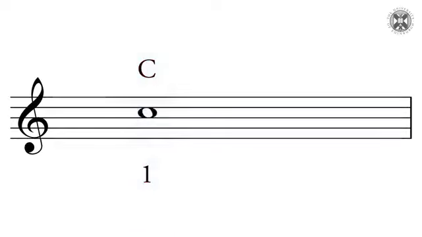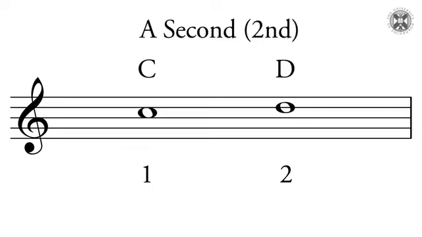The next note up on the line is D. We can count from C to D, 1, 2. It's a tone. But if we're going to name it in a different way, we can say it is an interval of a second. 1, 2, a second.